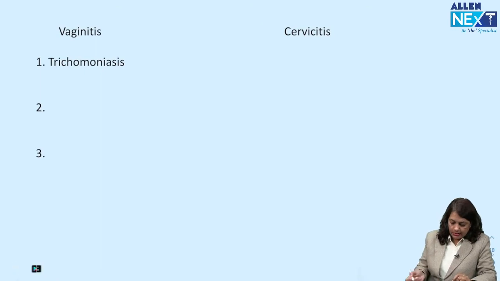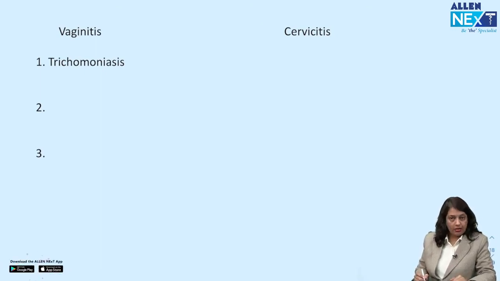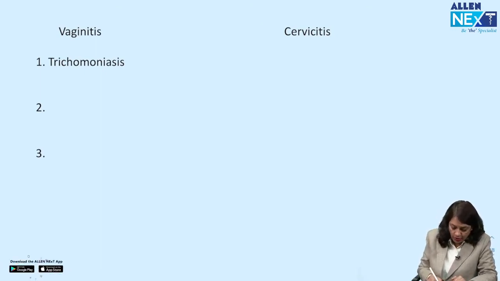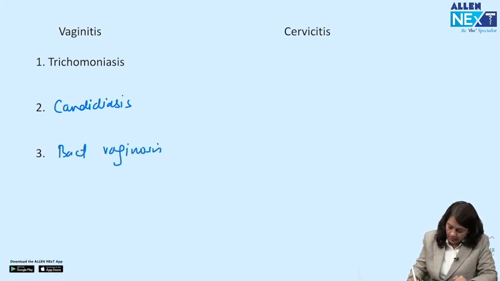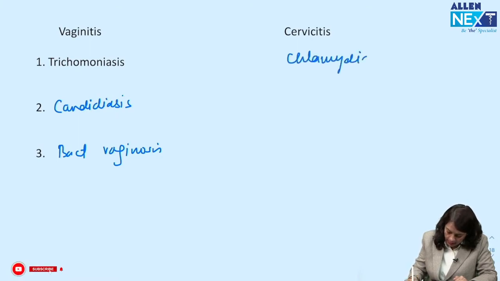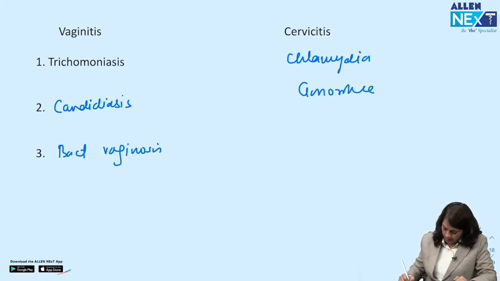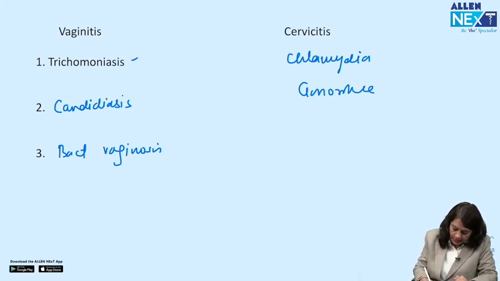Next. So this I have already explained. The causative agents for vaginitis are trichomoniasis, next candidiasis, and the third one is bacterial vaginosis. Here it is chlamydia and gonorrhea. Important thing is trichomoniasis.